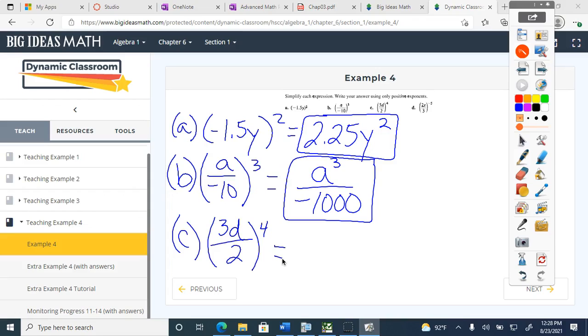So put 3 over 2 to the fourth, and you'll have to use your parentheses. Put it in your calculator. 81 over 16. And now we do the variable last. It's just d to what power? The fourth power. And I put it on top because that's where it was to begin with. And that's all you have to do on this.